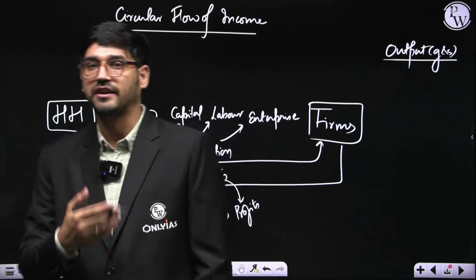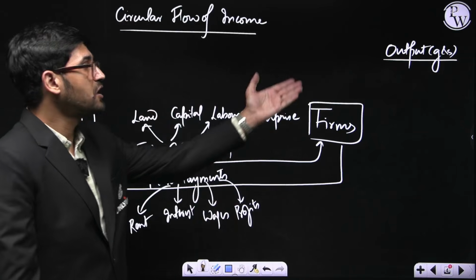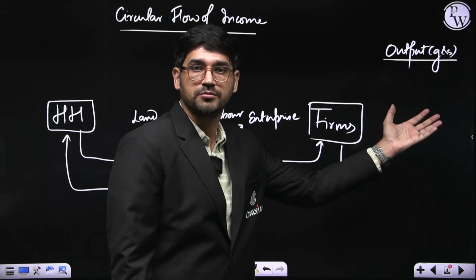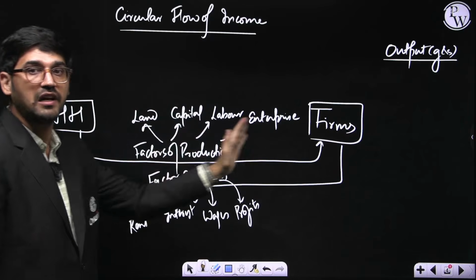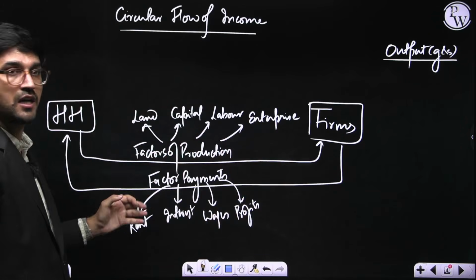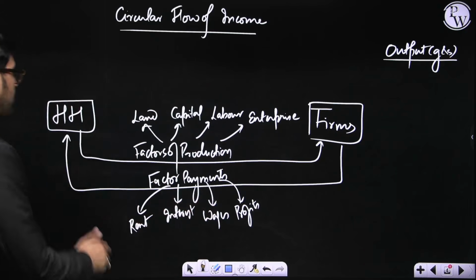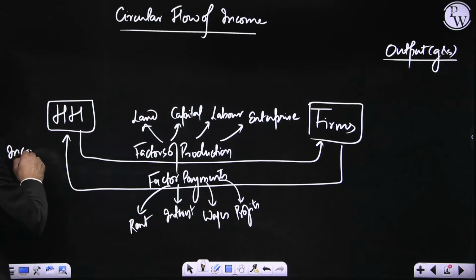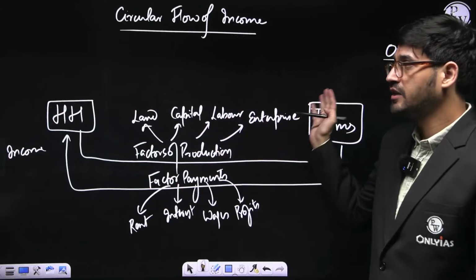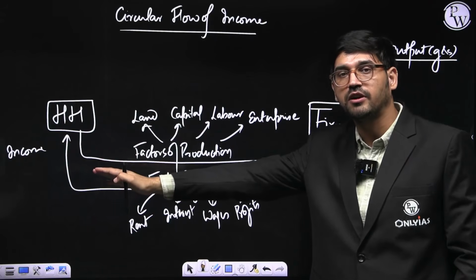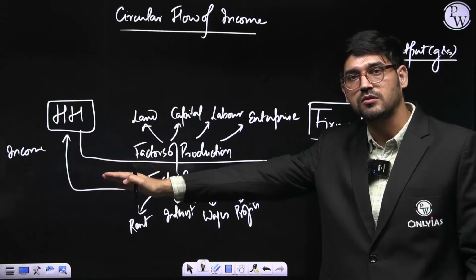Households contribute factors of production, which makes production of output possible. These firms, for the contribution of these factors of production, will have to make corresponding factor payments, and these factor payments end up becoming the income of the households. Now, these goods and services have some utility for the end consumers, for the households.